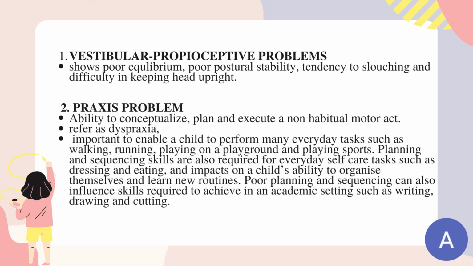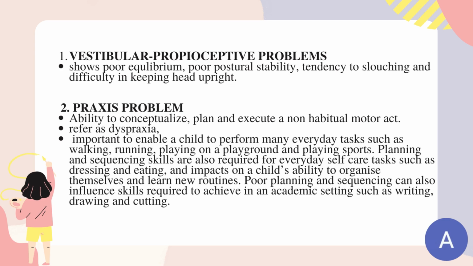This child has a combo problem, and shows poor equilibrium, poor postural stability, a tendency to slouch, and difficulty keeping upright.